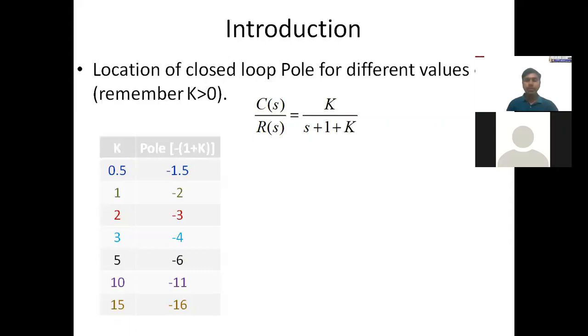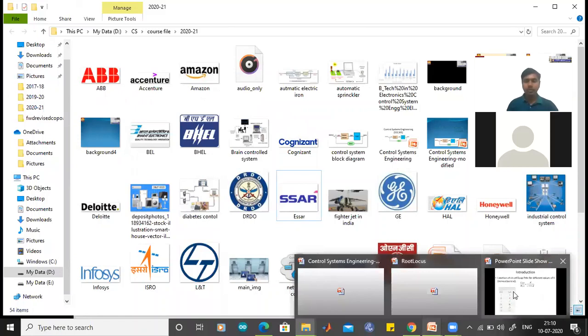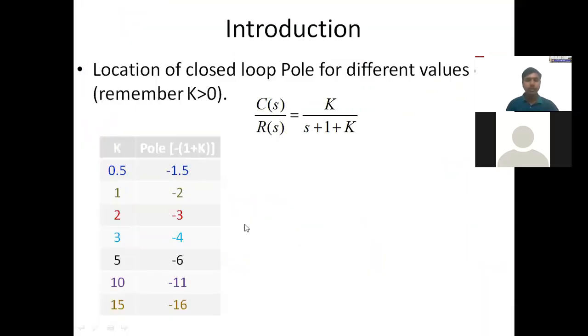Then the pole location is calculated, and we'll know the path of the poles. If the poles lie on the left side only, then we'll say that for K from 0 to infinity, the system is stable. But no system will be stable for every value of K from 0 to infinity.